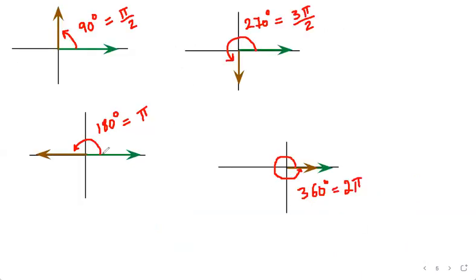Because from this point to this point is 180, but if I rotate in the opposite direction, clockwise, it will be minus 180. And the same thing here. From this point to this point is 270, but if I rotate the different way, it will be negative 90.